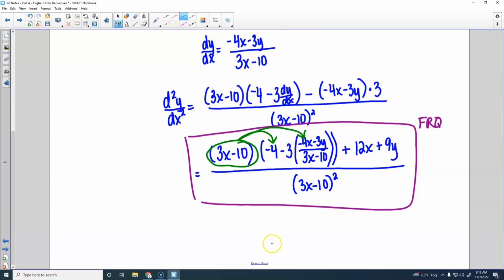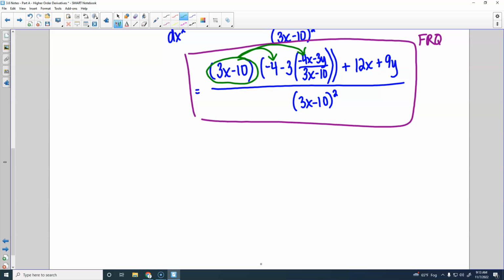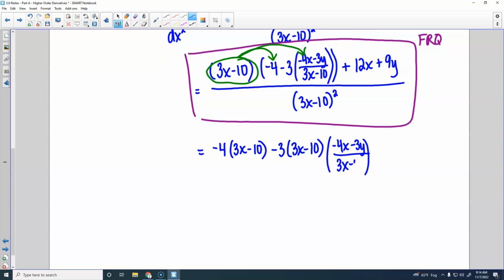Okay, so if we do that, and I think this is going to be our easiest route, we would have negative 4 times 3x minus 10 minus 3 times 3x minus 10 times this negative 4x minus 3y over 3x minus 10.